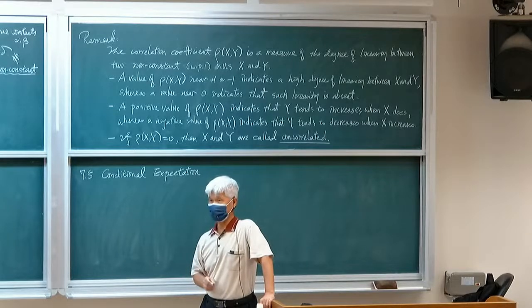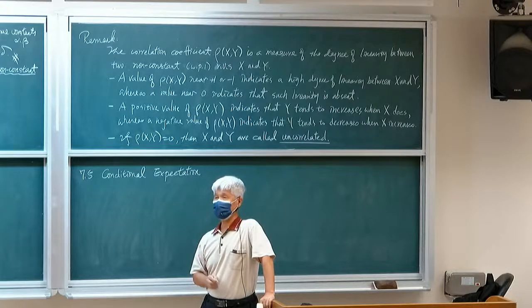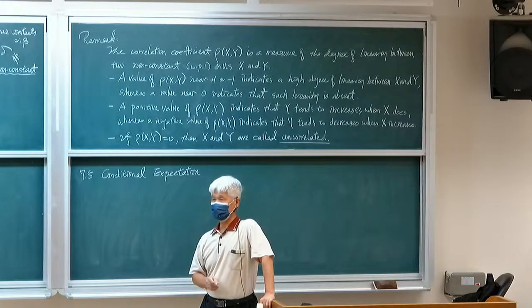No, you can't. So we have to define a new concept. But we have seen that this definition is quite useful, because we developed a theory of how to use that to solve practical problems.